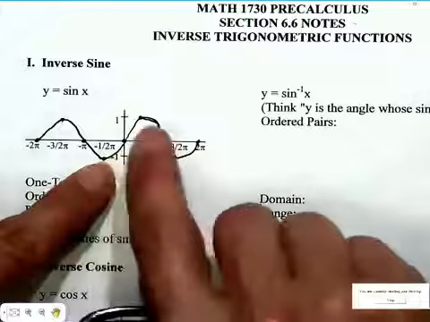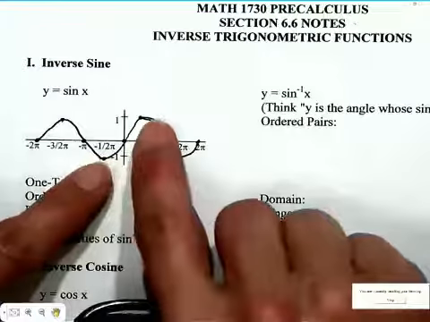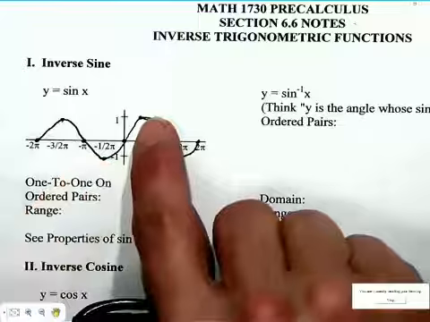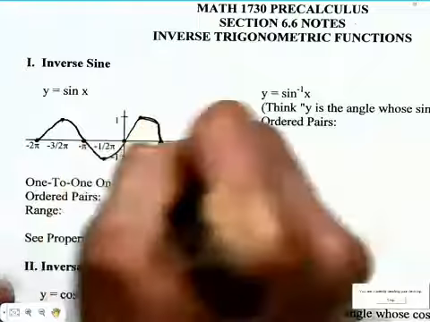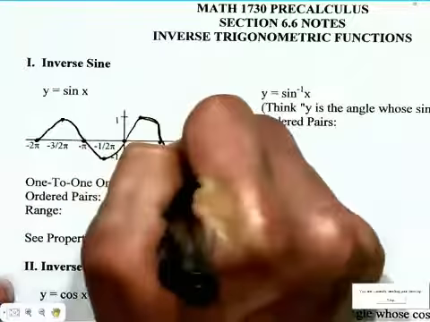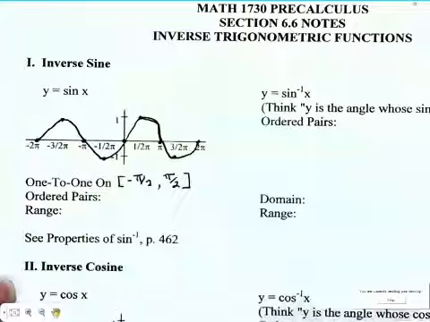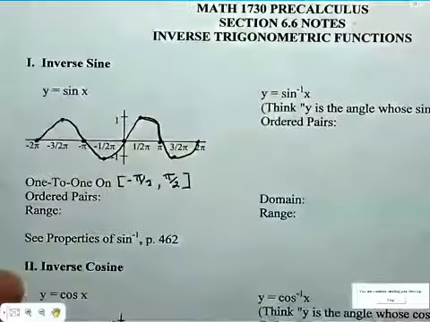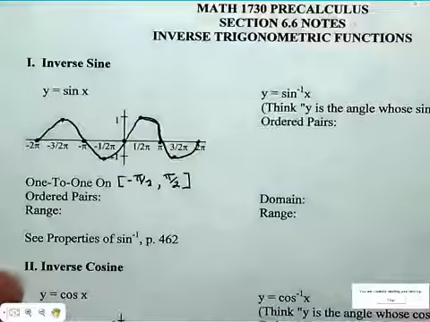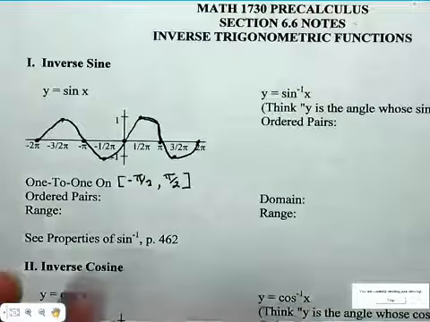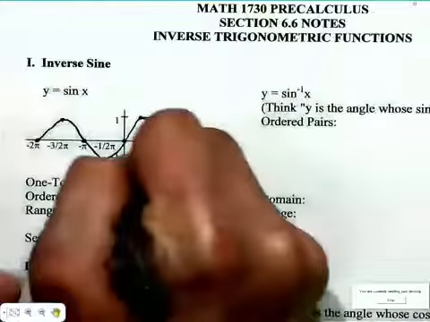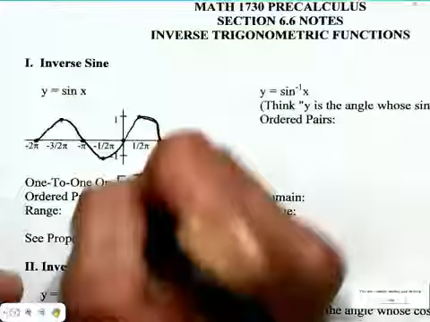So to restrict the domain of sine to get just a one-to-one portion of the graph, we're going to use from -pi over 2 to +pi over 2. And some ordered pairs in that interval are, at -pi over 2, sine is -1.